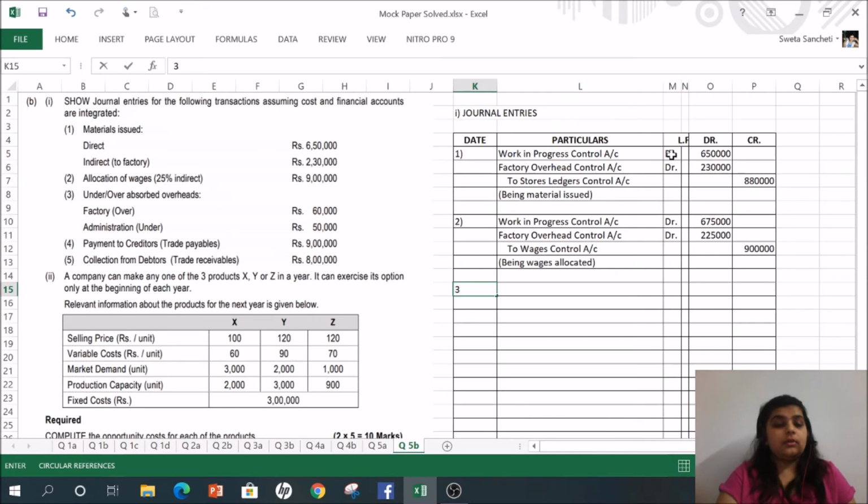Now, coming to the third entry, under or over absorbed overheads for factory over and for admin also. For admin it is under. Any under or over absorption hits our costing P&L. So we are going to first write the entry for factory overheads. Factory overheads. Now, factory overheads is over absorbed. Over absorbed means it will be credited.